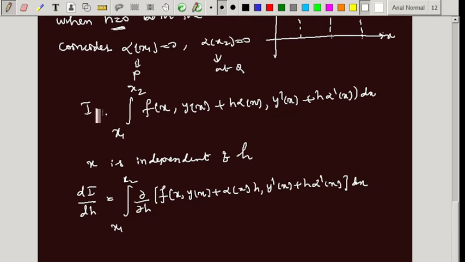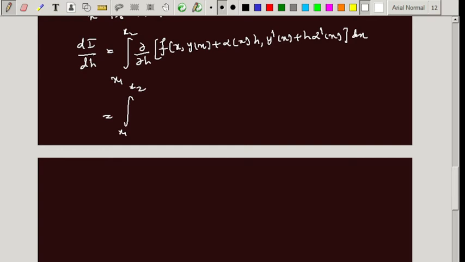So here we apply the differentiation from x1 to x2. First we differentiate the function, dou f divided by dou x, and this x should be differentiated with h. So here dou x with respect to h.